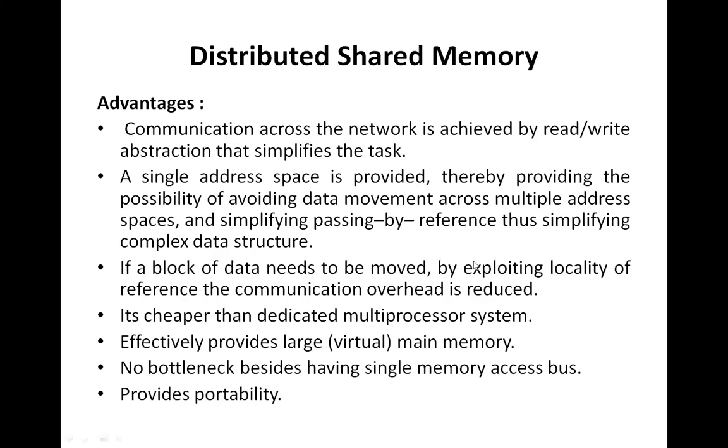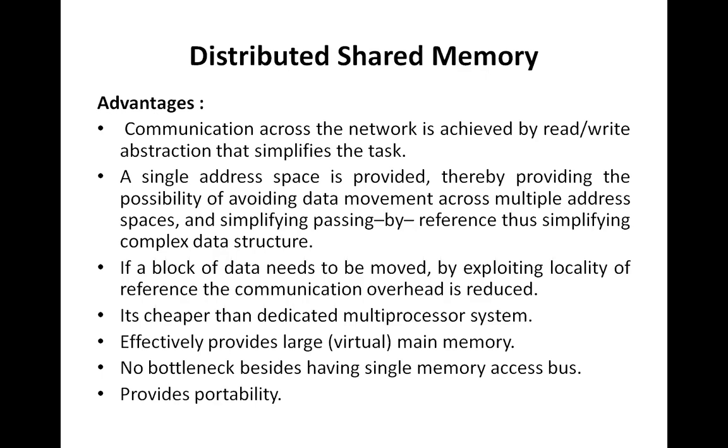The second advantage of distributed shared memory is that a single address space is provided. In the message passing model, since the data moves between two different address spaces, it is very difficult to pass complex data structures between the two processes.